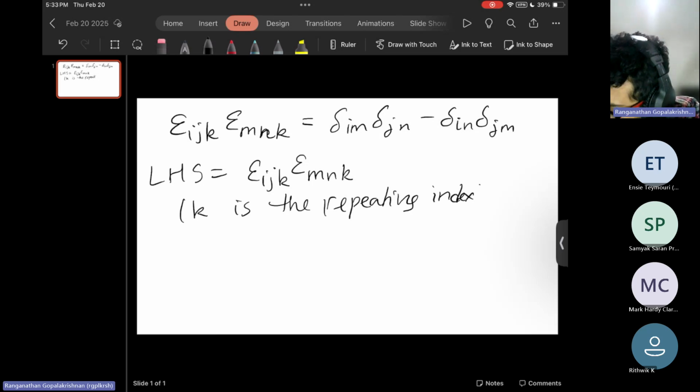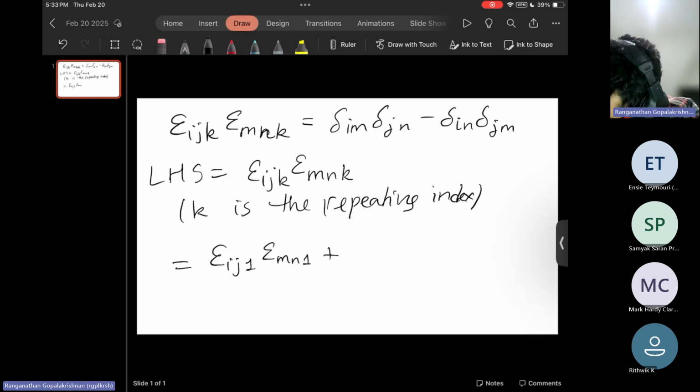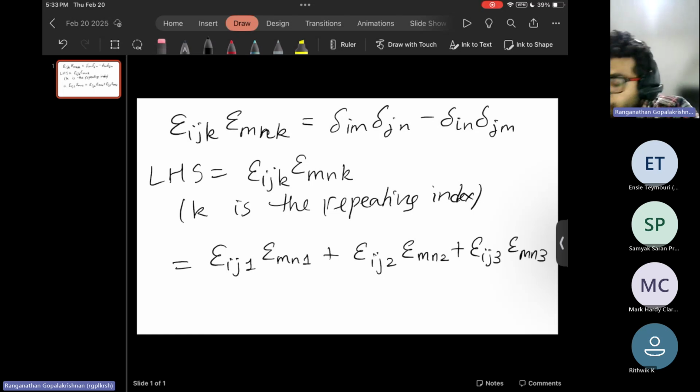So we'll expand over k. This is going to be epsilon ij1, epsilon mn1 plus epsilon ij2, epsilon mn2 plus epsilon ij3, epsilon mn3. Then what did you do?